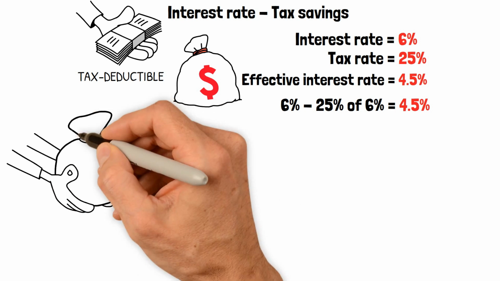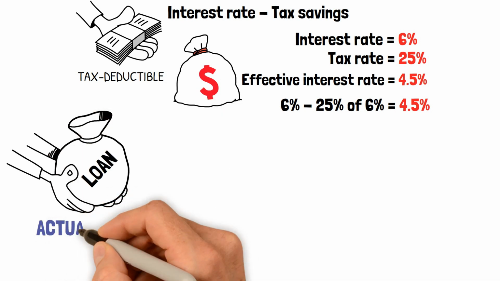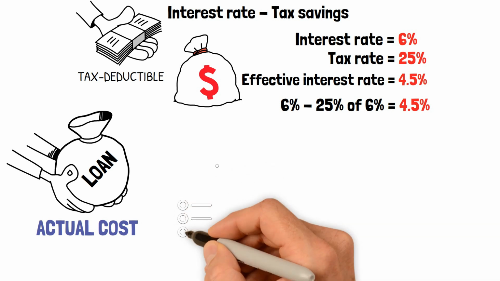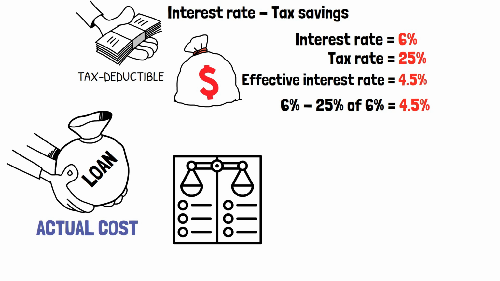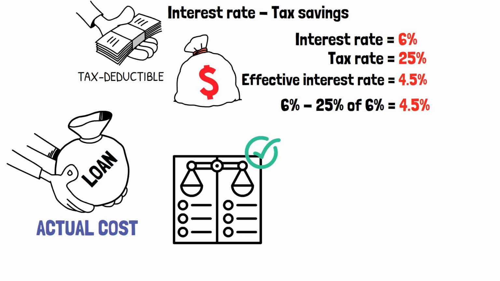The effective after-tax interest rate expense is essential for borrowers because it provides a more accurate picture of the actual cost of borrowing. By considering the tax deductions, borrowers can compare different loan options and choose the one that offers the lowest effective after-tax interest rate expense. This can help borrowers save money on interest payments over the life of the loan.